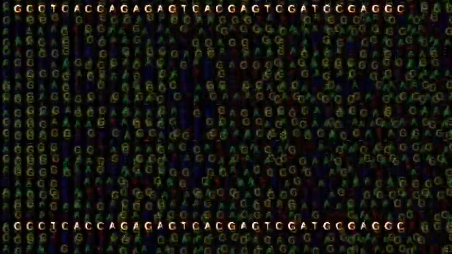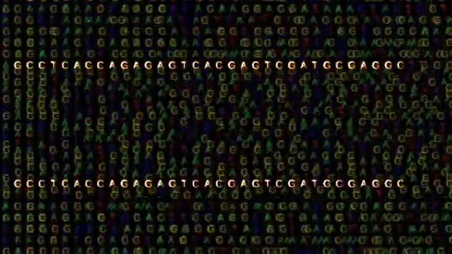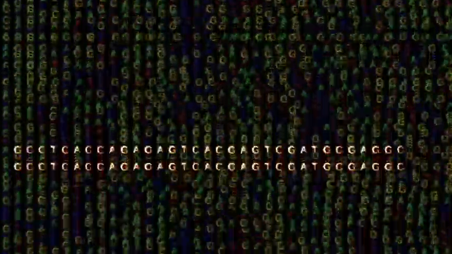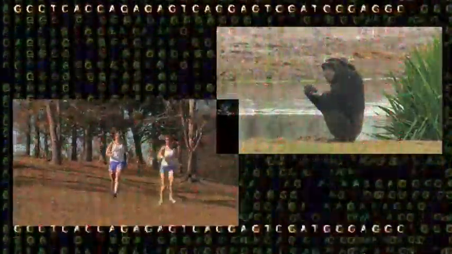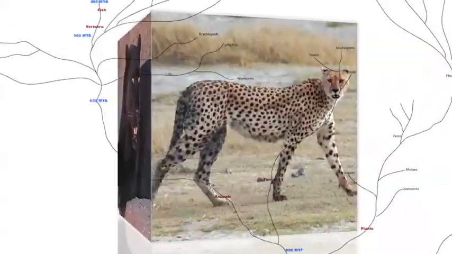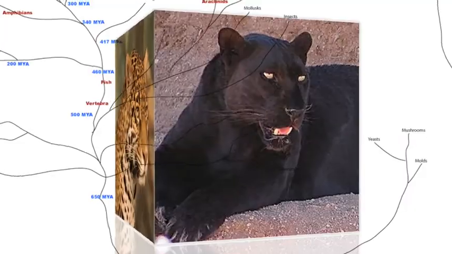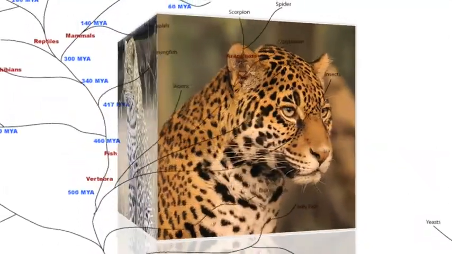In human DNA, there are about 30,000 endogenous retroviruses. There are at least 7 distinct instances of identical retrogene insertions shared between chimps and humans. The phylogenetic tree for cats provides another example.